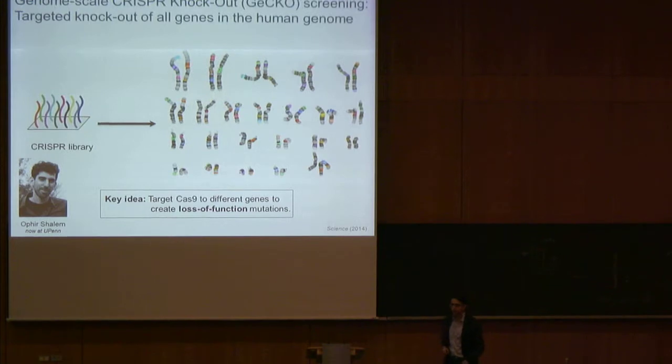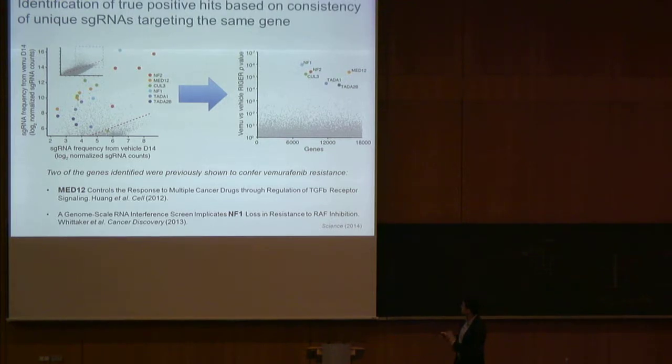Because this is older work and is now published, this work I did with Ophir a few years ago, what we initially did is create the guide library that I just talked about to go to all protein coding genes in the genome to create loss of function mutations. Just to very briefly summarize, we found a few genes where multiple different guide RNAs with different sequences that attack these genes were all enriched after treatment with vemurafenib, meaning that vemurafenib was unable to kill cells that had been modified with knockout mutations in those genes.